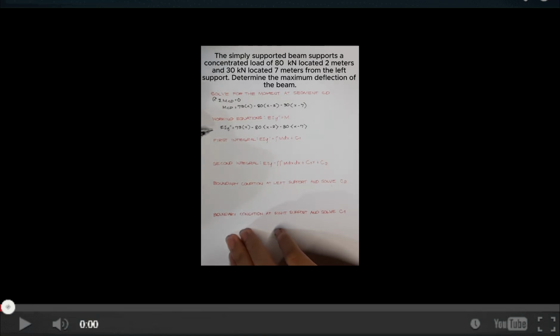Now, for the first integral, mag-add tayo ng 1 sa mga exponent. Since x is constant and meron na siyang exponent na 1, mag-add tayo ng another 1. So, magiging squared to.